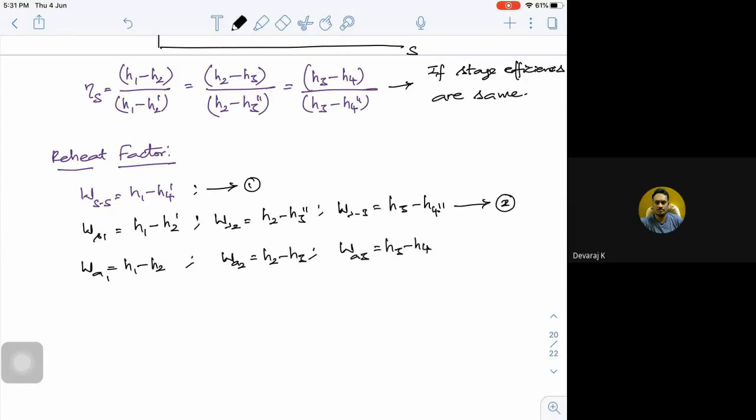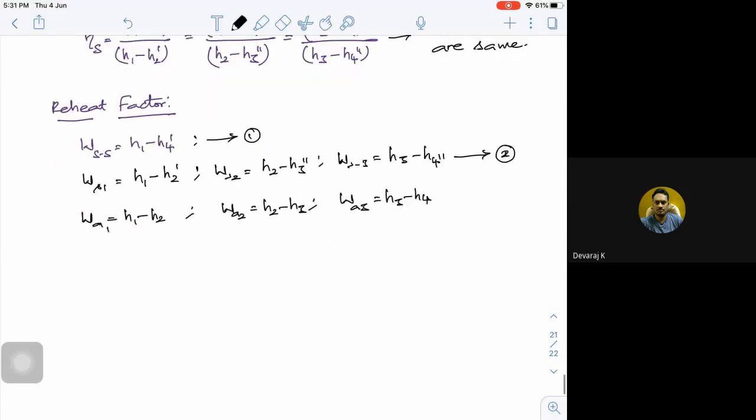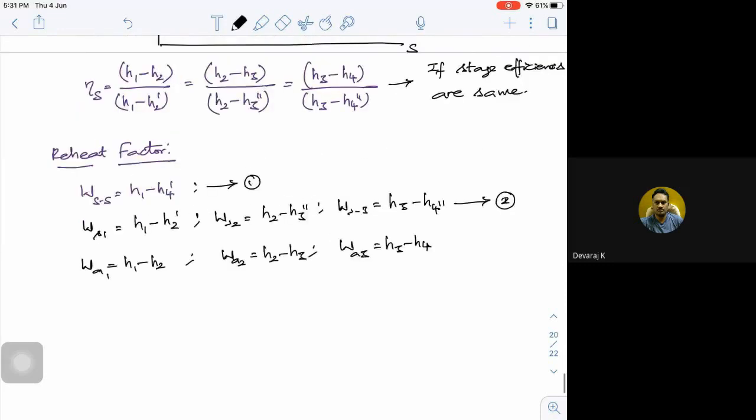H4. Okay. Now, if I consider the actual work done, I can write it in terms of that. I can write it as the stage efficiency into H1 minus H2 dash.